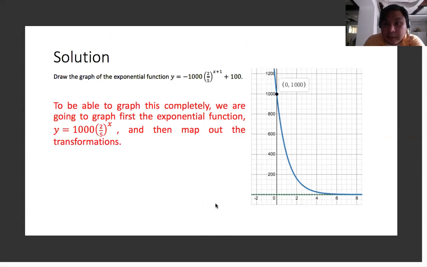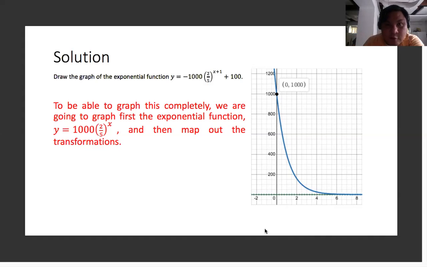Now similarly, this A point. First, it was moved here, and it was 0, negative 1,000 because of the reflection. Then it became negative 1, negative 1,000 because of the horizontal translation. And then finally, it has to move 100 units up.